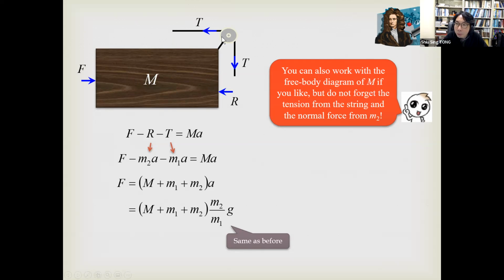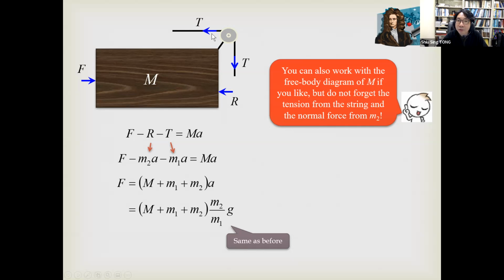Now the pulley belongs to the trolley, is part of the trolley actually. So the pulley is actually acted on by 2 forces. It's due to the string. The string has a tangent force. On this side, the tangent force is pulling the pulley backwards, and on this side, the tension is pulling the body downwards.